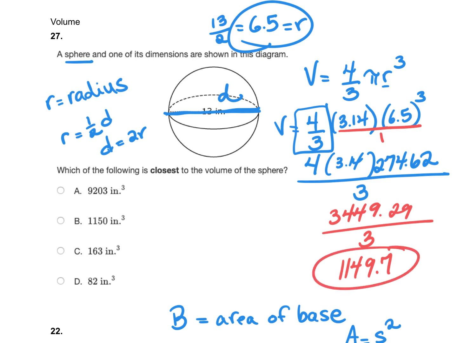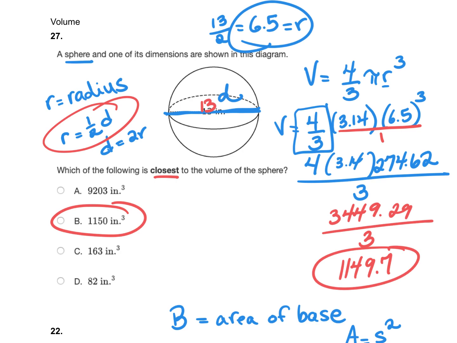Okay, and that comes closest to 1,150. Okay, so the key here is, first of all, make sure you have the radius. You must divide the diameter. In this case, you're given the whole length of the circle. That's the diameter.